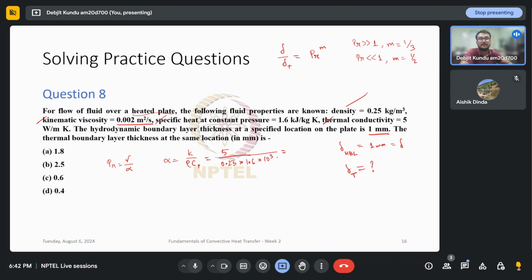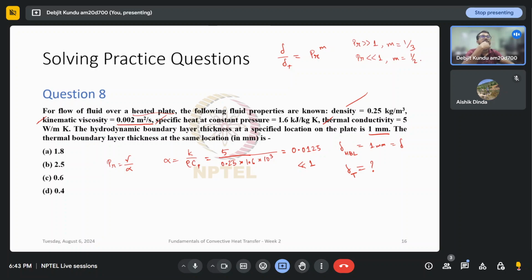Can you help me with the calculation? What is the number here for alpha? 0.125. Okay, it's 0.0125.